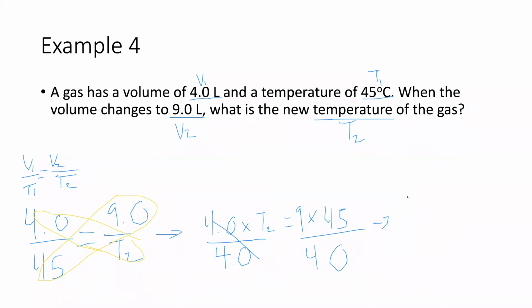So T2 equals 9 times 45, which gives you 405, divided by 4, which gives an answer of 101.25, no, 104.25. And your units are going to be in Celsius, so degrees C, okay?